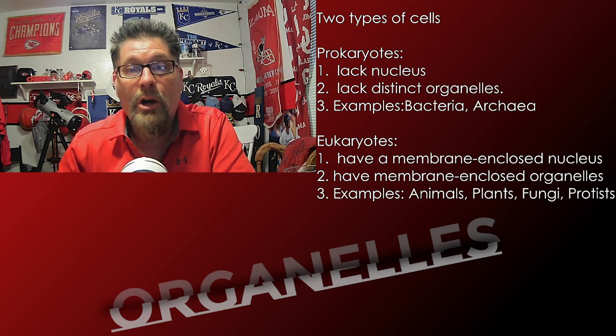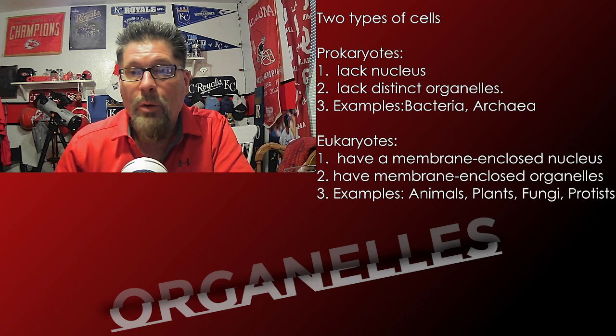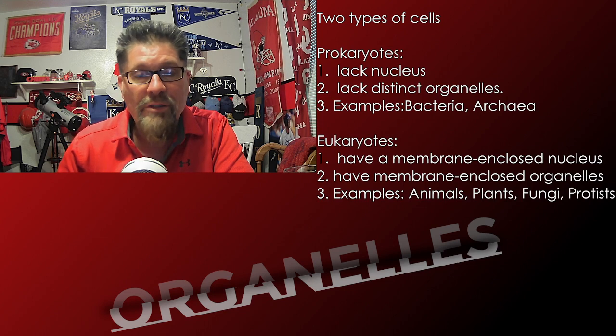Okay, again, we just talked about there are two types. Prokaryotic cells do not have a true nucleus. Eukaryotic cells do. Prokaryotic cells don't really have distinct organelles. They have very few things in there.